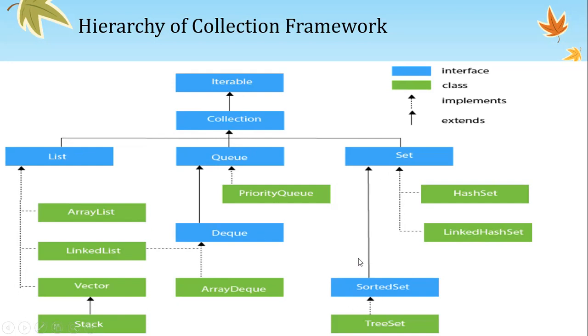These are the interfaces and its implementations. Implementations of Set we have are HashSet and LinkedHashSet. In this hierarchy, the java.util package contains all these classes and interfaces for the collection framework. So this is all about the collection framework.